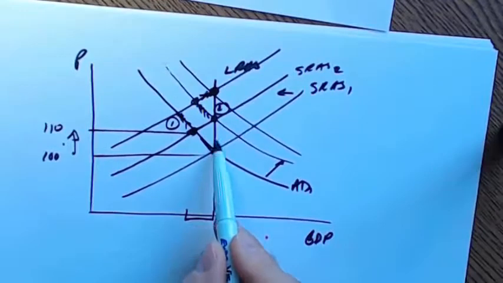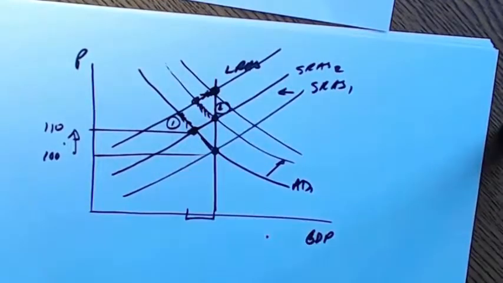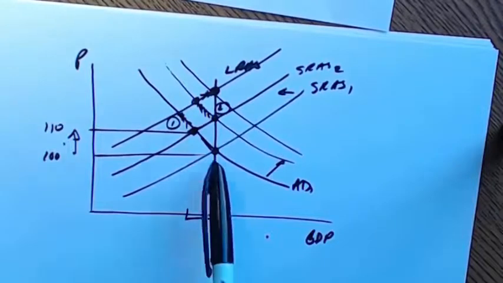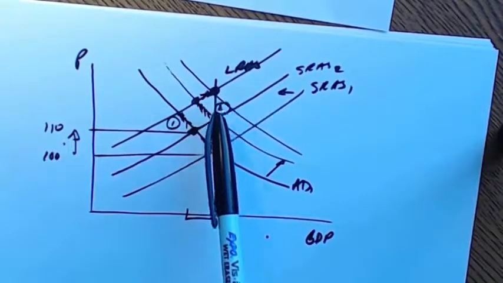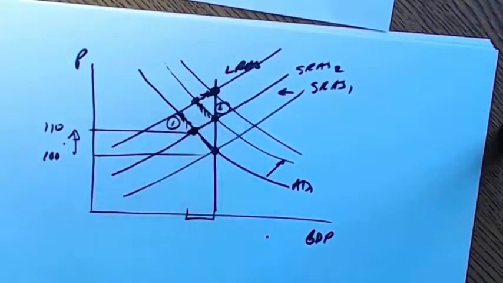But notice, look at this. We keep running up the long-run aggregate supply curve, and all we have is inflation. Nothing really happened. Long run, we're still where we are. It's just that we have inflation. Well, that's how inflation can spiral out of control, and that's one explanation as to how the economy got to have such a high level of inflation.